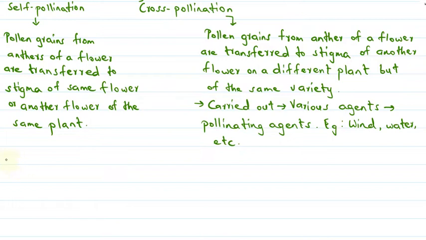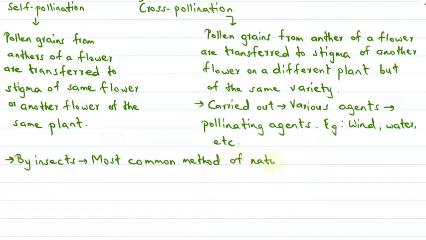So the first agent would be pollination by insects. Okay, so insects are also one of the agents of cross-pollination. This is the most common method of natural pollination.